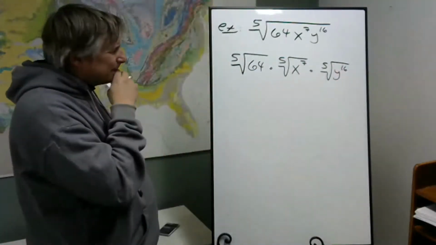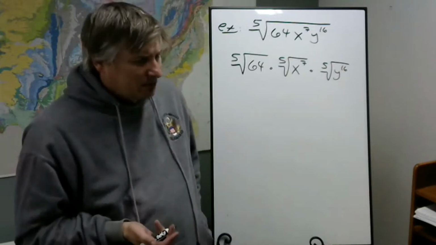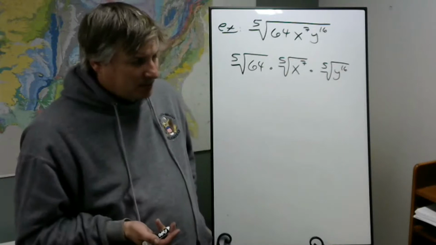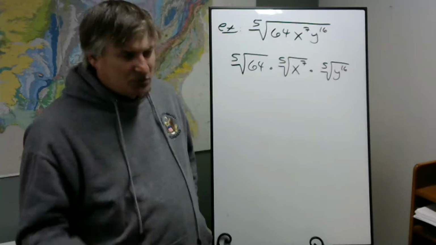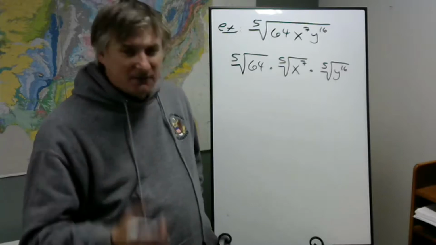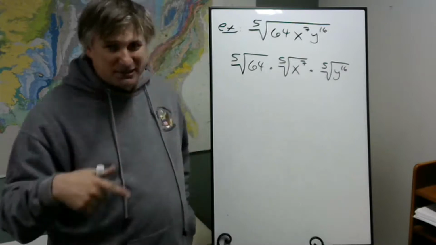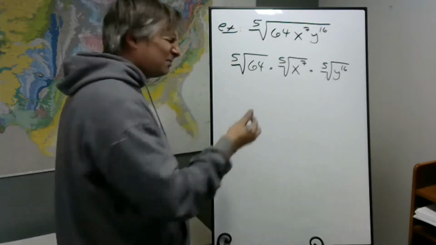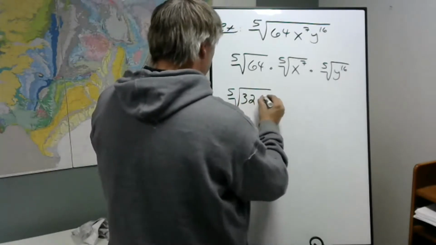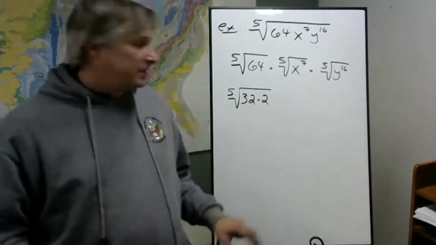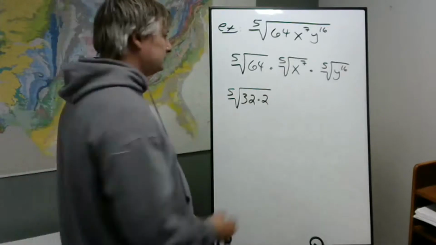So what we can do here, 64, is there a 5th root for 64? Well, let's see here. 2 times 2 times 2 times 2 is 16, times 2 is 32. So if you take 5 2s and you multiply those together, you'll get 32. Throw in a 6th 2, you'll get 64. So we could break it like this. 32 times 2. And the reason being is 32 has a 5th root. It's 2.